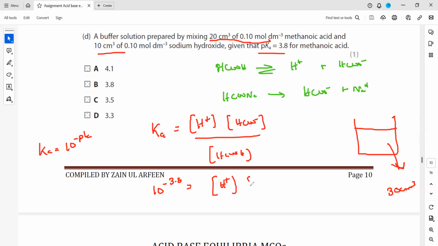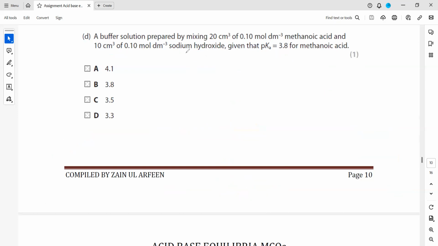Using a formula. Then what we have is HCOO negative and HCOOH, the acid. So we have to use a formula to work out the concentration of the negative ion and the concentration of acid. So how can we use that? If we write the equation, because the sodium hydroxide is reacting.